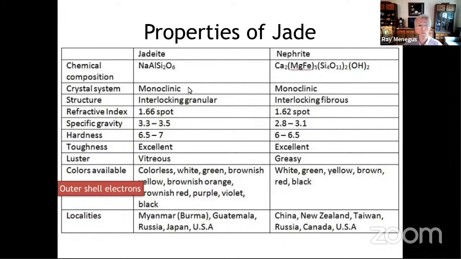They're both monoclinic crystals. Now, what that means is if you have a rectangle or a parallelogram on a plane, and from that you grow a crystal perpendicular to that plane, then you would have a simple structure.